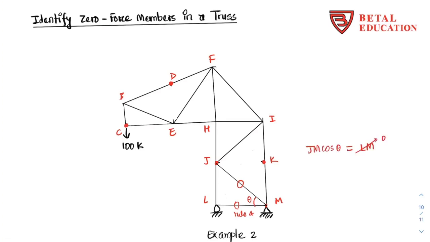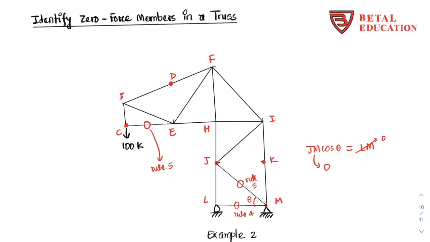Since LM is a 0 force member, JM should also be 0. This is the equilibrium principle. At node C, you can see we don't have any horizontal force, so there is no horizontal force on member CE. So this is rule 5. Okay. Now we will go back to rule number 3.